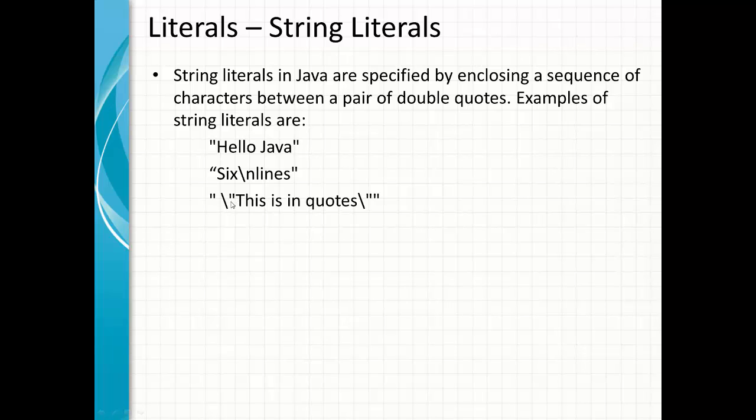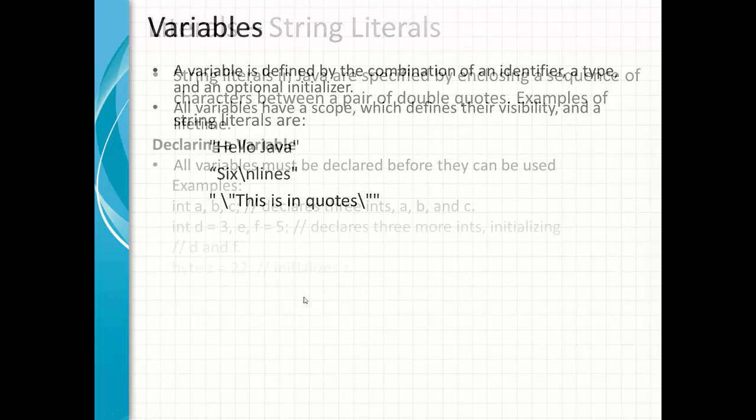And over here, we want to print "this is in quotes". How will we do that? We will use again the backslash and then the quotes. So the compiler will ignore the backslash and it will print "this is in quotes". So this is basically string literals.